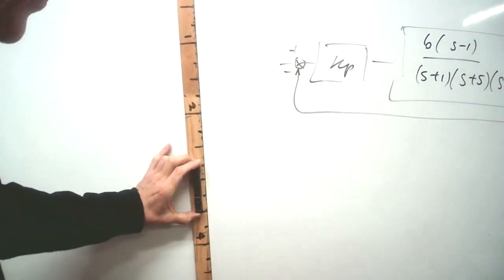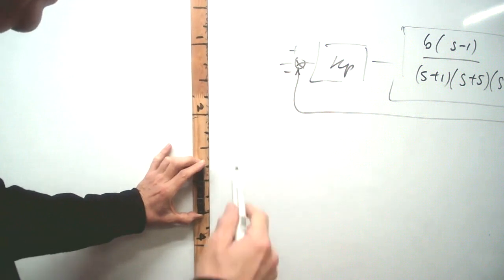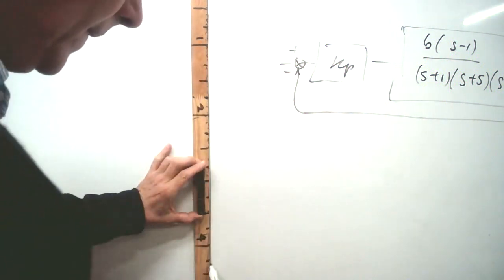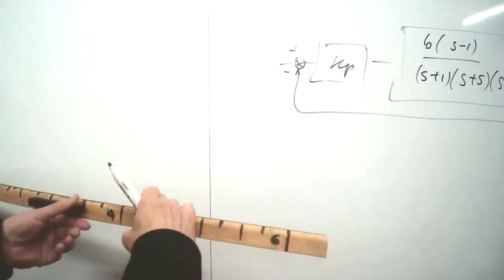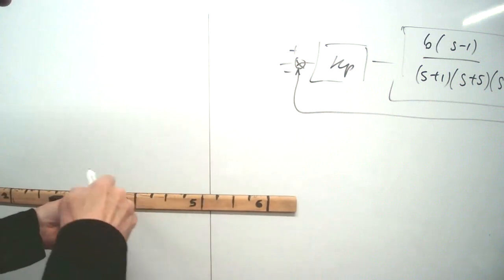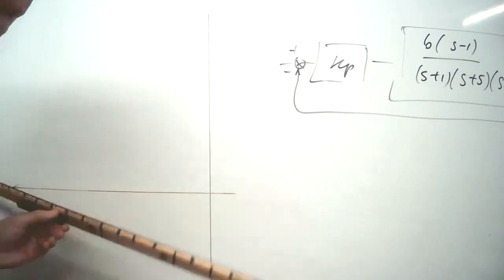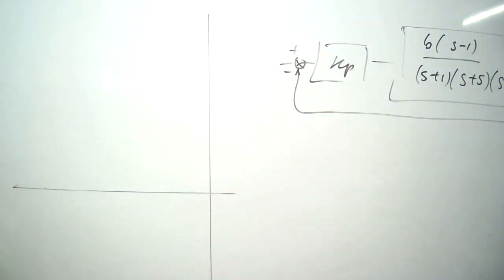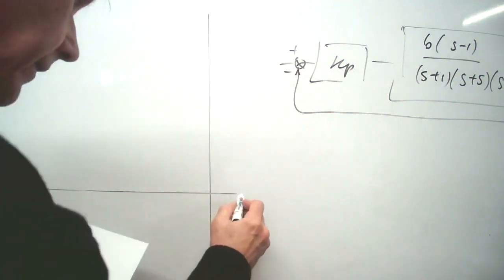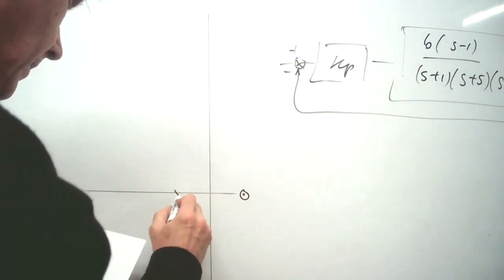Right, here we go. Let me explain the third part of the question now. So let's put the root loci sketch on first of all. I'm going to do it fairly small.